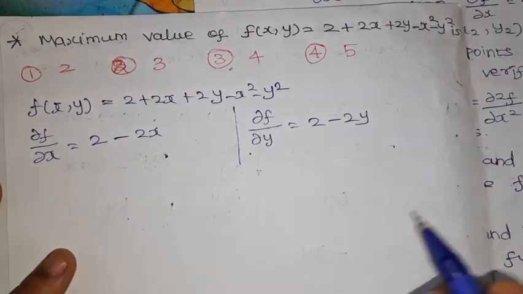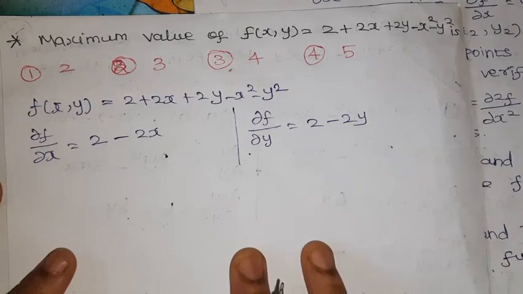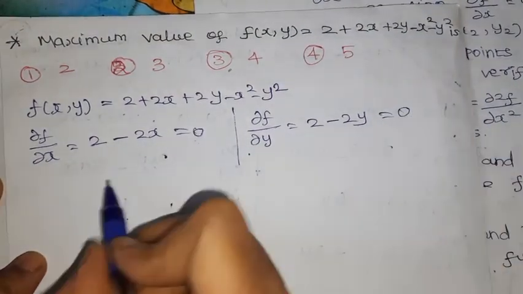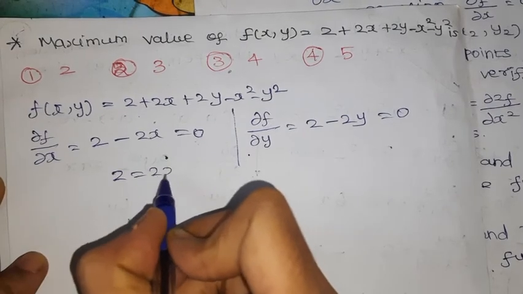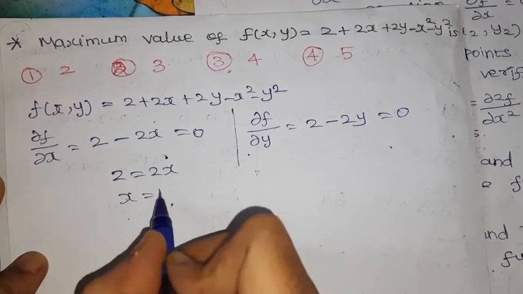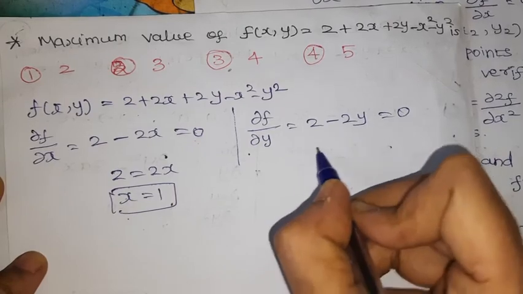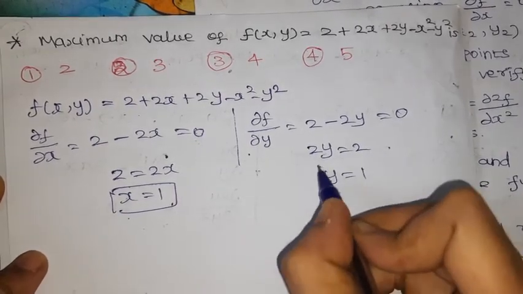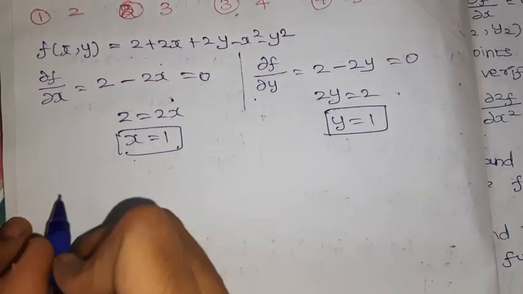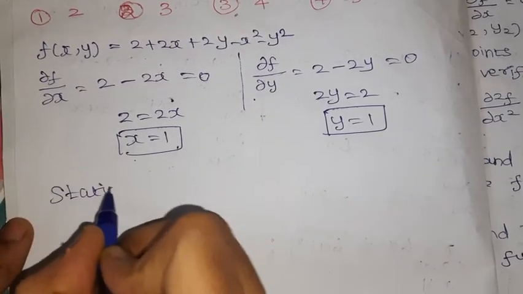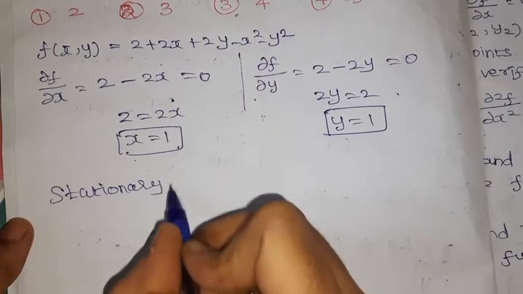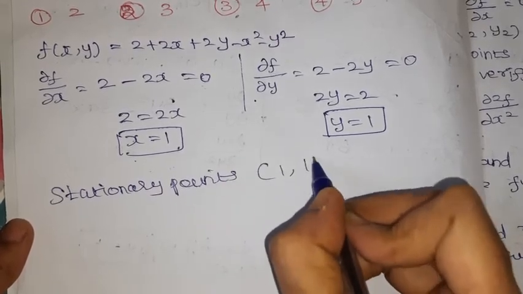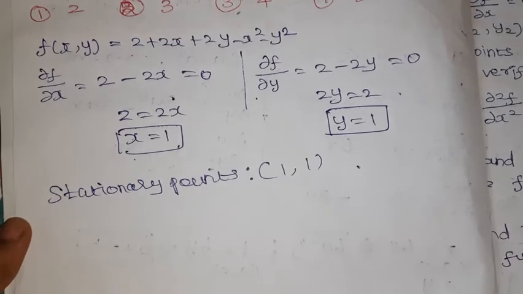Dou f by dou x equal to 0 and dou f by dou y equal to 0. So, 2 equal to 2x, x equal to 1. Similarly, 2y equal to 2, y equal to 1. So, the stationary point is 1 comma 1.